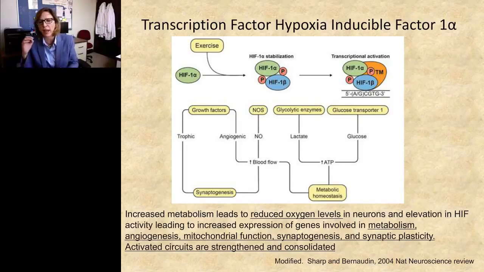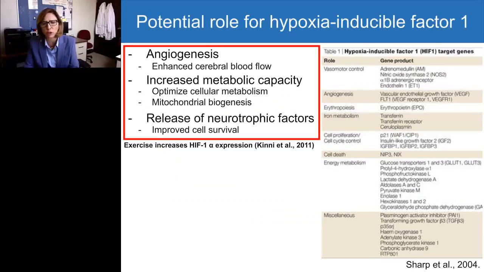That includes aspects of glucose uptake, lactate metabolism, angiogenesis, and trophic factors, as well as blood flow itself. So HIF became of particular interest to us, and we began to look at that. This is, again, just reviewing the potential roles of HIF that have been demonstrated by other groups. There's also been some evidence from the Kinney group in 2011 that HIF is increased with exercise.